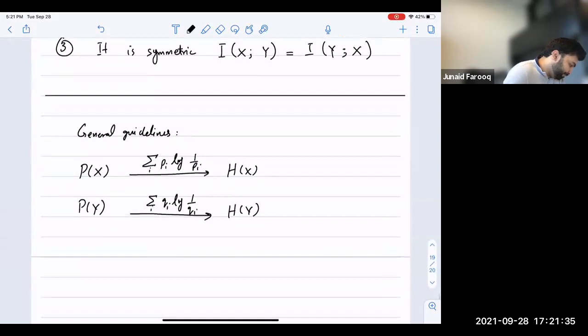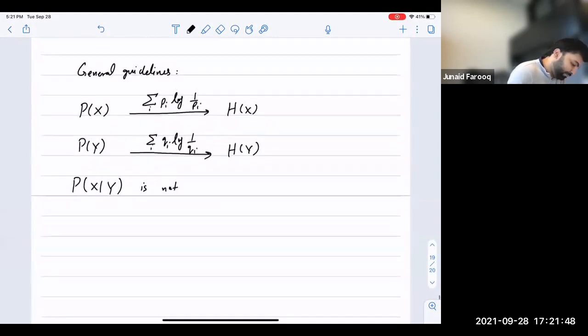Now, if you look at P of X given Y, it's not just the values, right? Or it's not just a distribution.